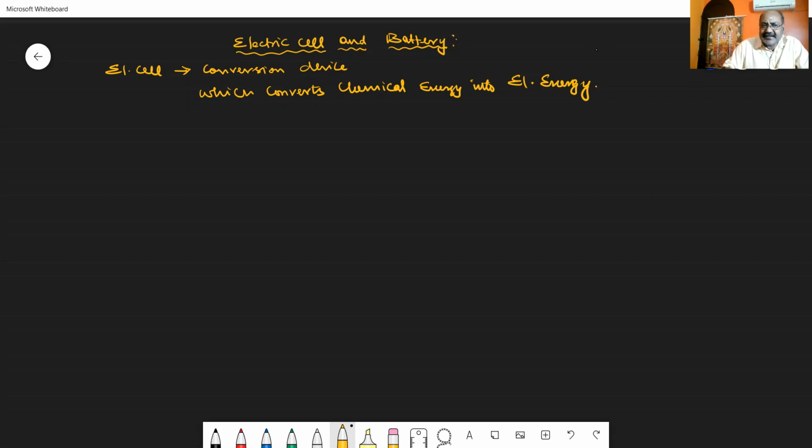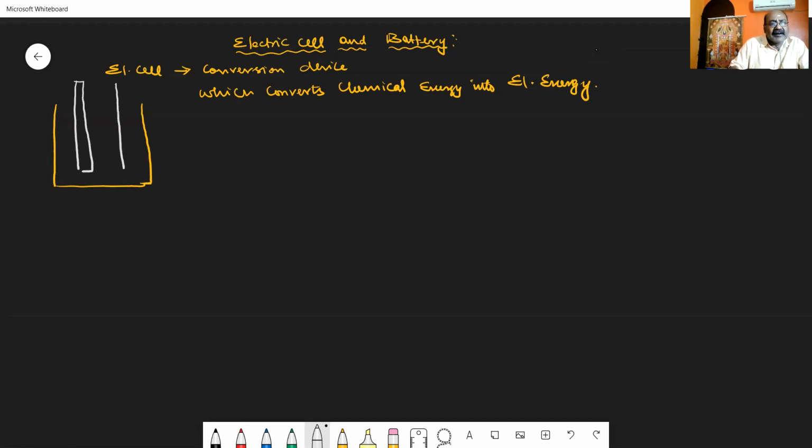When I am considering this electrical cell, it consists of a container. In that container, you will be having two electrodes. Electrodes are the rods or the conductors through which current enters and leaves the cell.